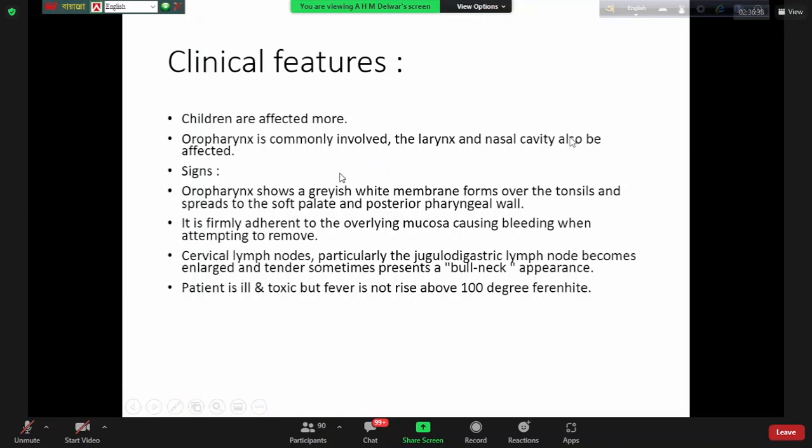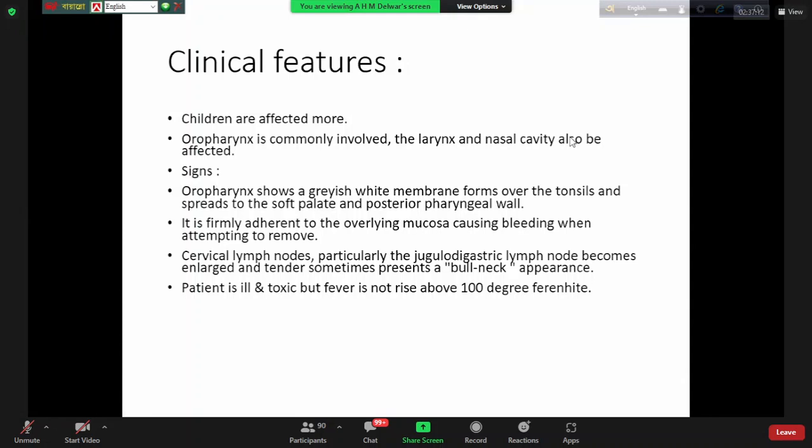We will describe tracheostomy afterwards. Now the clinical signs, what you see. The oropharynx shows a grayish white membrane that forms over the tonsils and spreads to the soft palate and posterior pharyngeal wall.